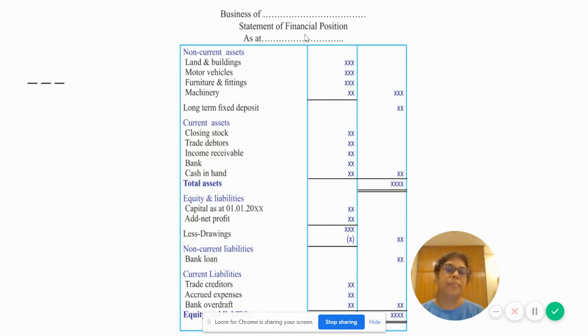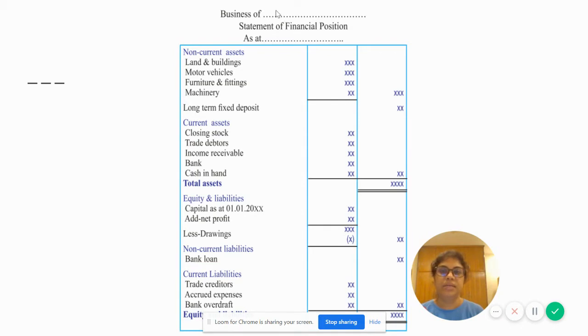Unlike in the statement of profit or loss, here under the statement of financial position, we are making it at a particular date, and on that particular date, the values of the business's assets, liabilities, and equities will be shown through this statement.